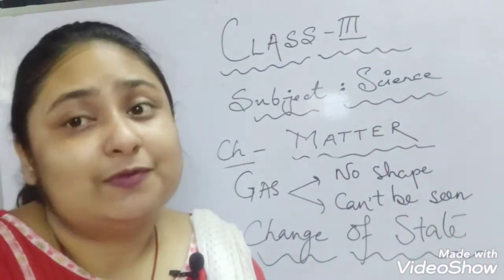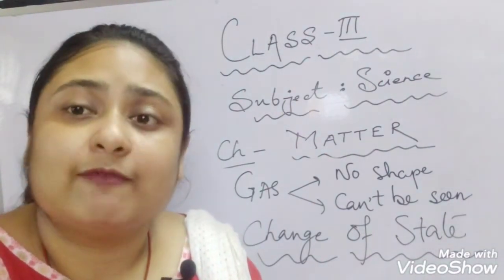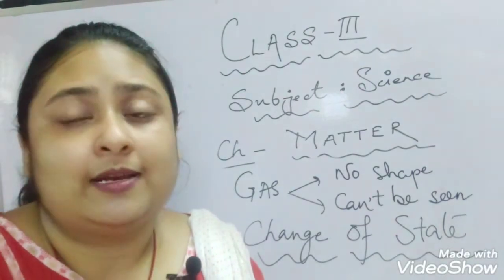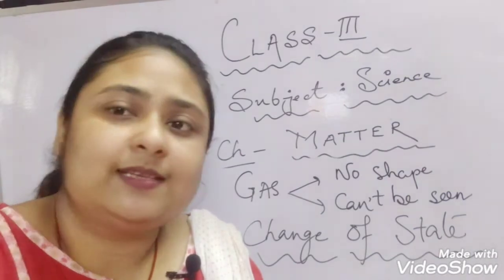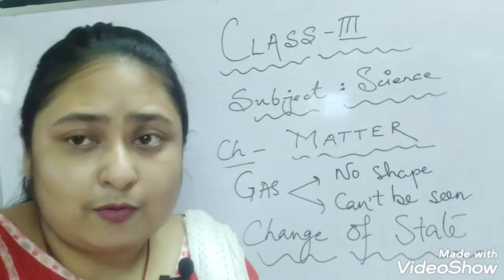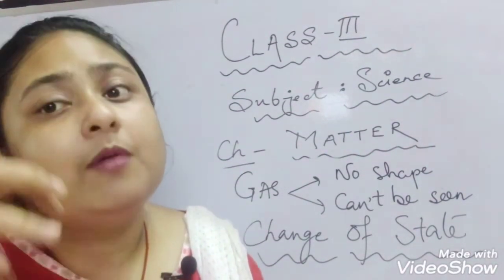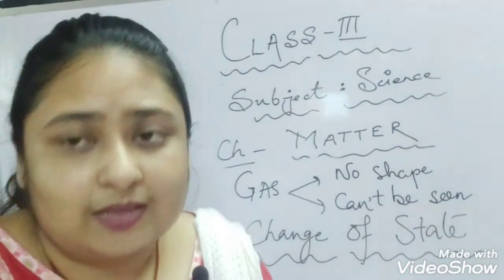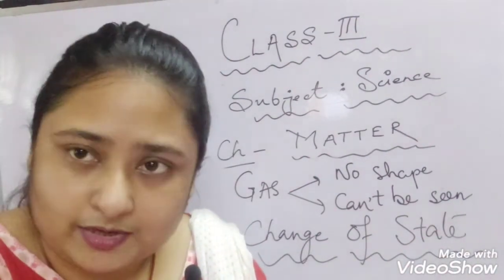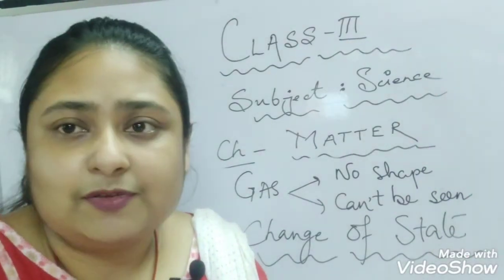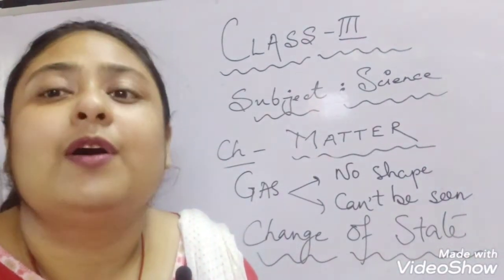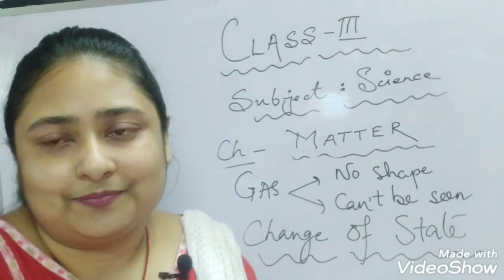So children, first the liquid water gets evaporated as vapor and goes up in the sky, and in the atmosphere it condenses over there and forms water again. The vapor gets converted into water again, and this water comes down on the surface of the earth in the form of rainfall.